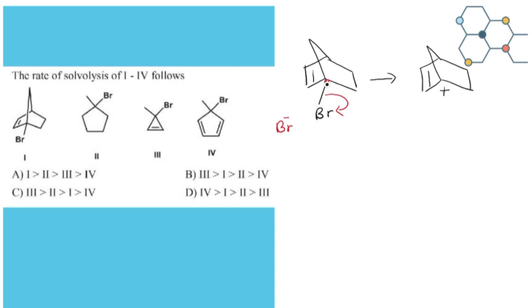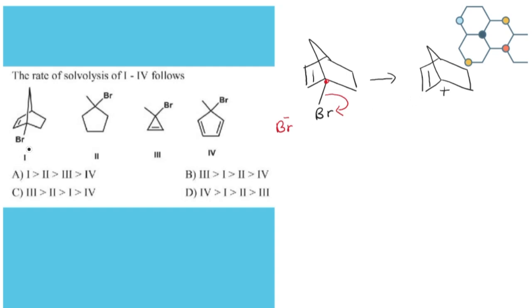And breaking of this carbon and bromine bond is the slowest step. Hence, it is the rate determining step. Why is this important here? Because in the rate determining step, the reaction intermediate is formed. That means the more the stability of this carbocation, the more will be the rate of solvolysis.